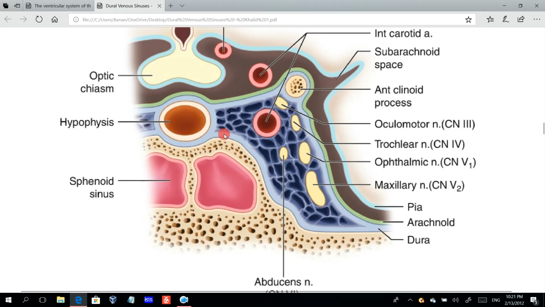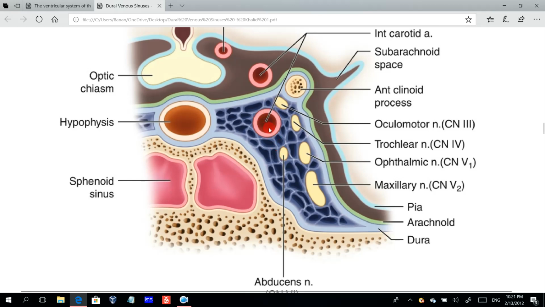On each side of the body, one here and one here, we have the cavernous sinus, and you see the cross section of the cavernous sinus. It has many spaces, just like caves, so it is called cavernous sinus. Through the cavernous sinus, here we have the abducens nerve, the sixth cranial nerve, and the internal carotid artery.